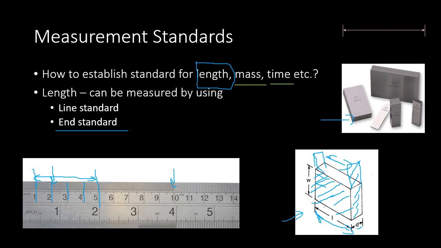And the distance between the parallel surfaces of any particular slip gauge is inscribed on one of the surfaces. Here is an example: 20 on that, 50 on that. This means that this particular slip gauge can be used to measure a distance of 20 mm.